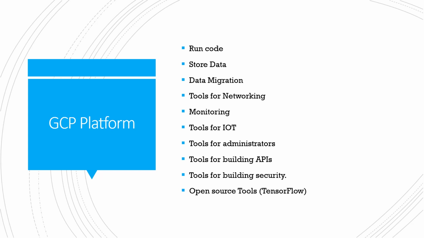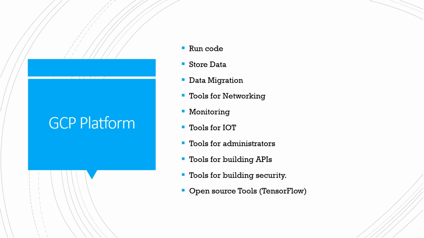We also have tools for networking, so we can actually spin up a network that can run worldwide, let's say from Ghana to Indonesia or Egypt, or India, within a very few minutes. You also have tools for monitoring. Let's say you can monitor how your activities are doing and how your services are really going. You can have tools that connect your application to other Internet of Things platforms.